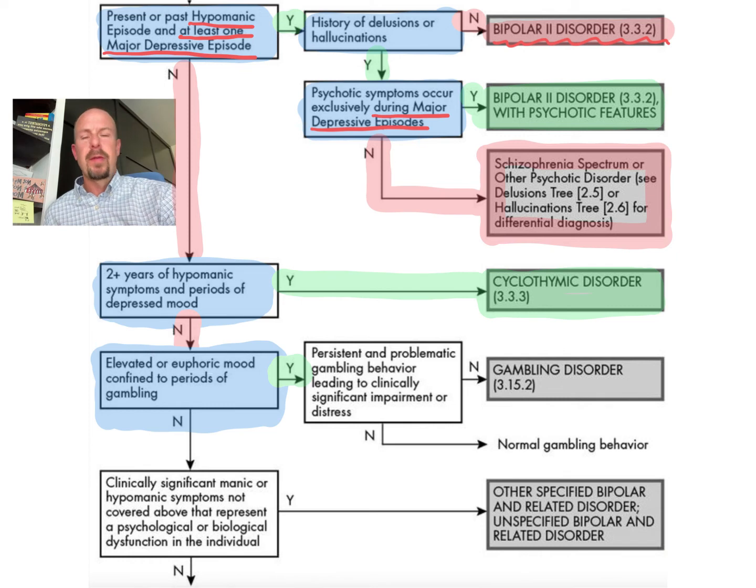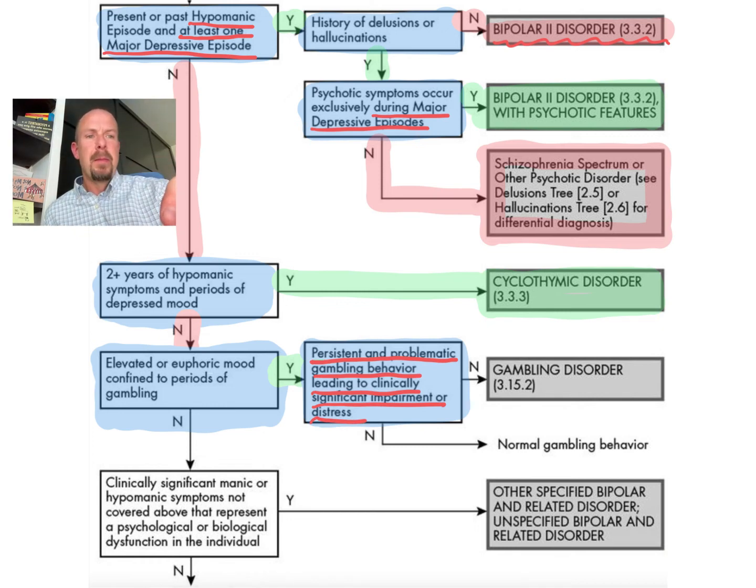You then ask yourself as a diagnostic or differential question, is it leading to clinically significant impairment? So is it persistent and problematic gambling behavior? That's what needs to be underlined here in red. Persistent and problematic gambling leading to clinically significant impairment and distress.